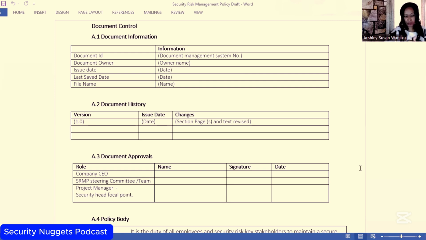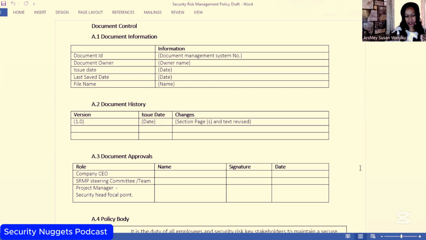Before we get into the body of the policy, we are not done with the document approvals. In the document approvals, the document is not just being approved by the organization head. In this organization, the head is a CEO, so he's going to provide his approval via signature there.